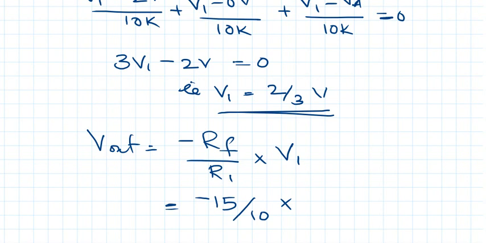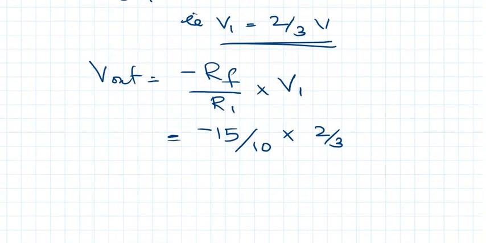Simply 3, 5, 5, minus 1 volt. So the Vout is equal to minus 1 volt.